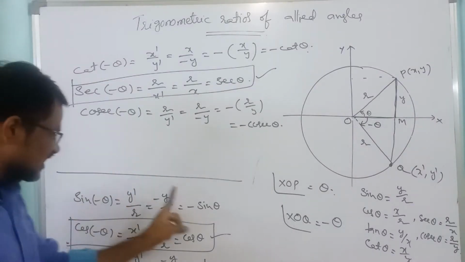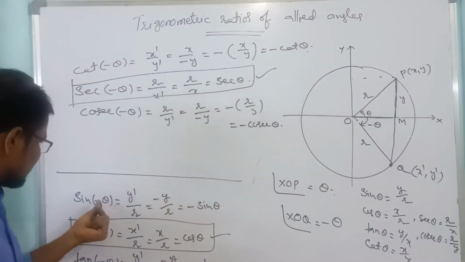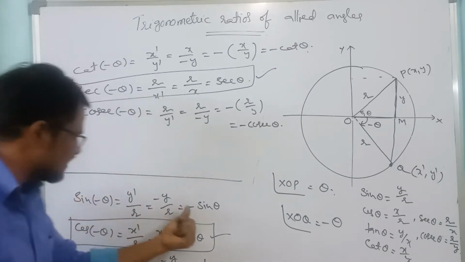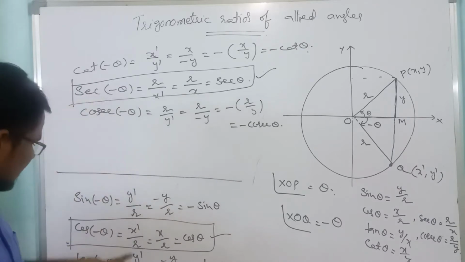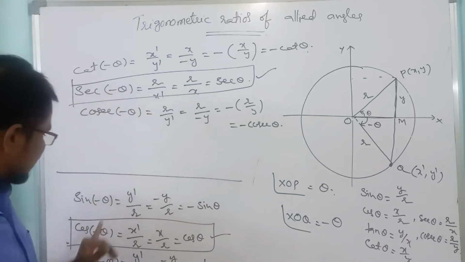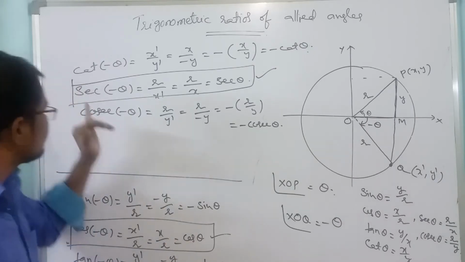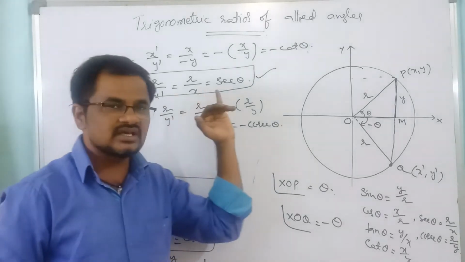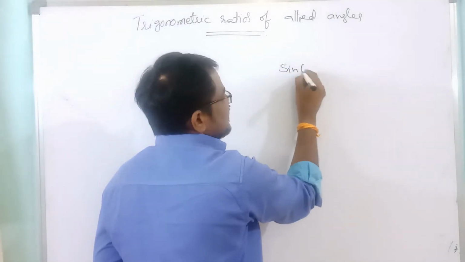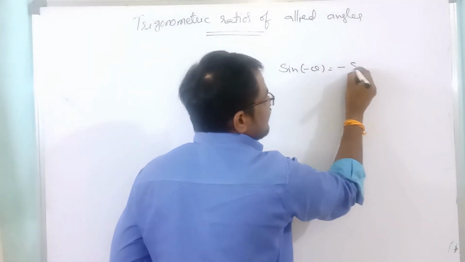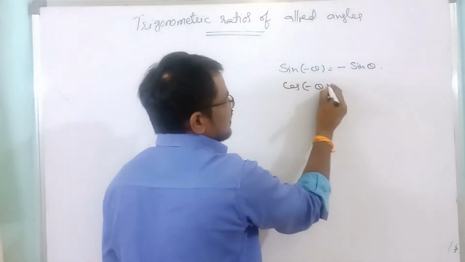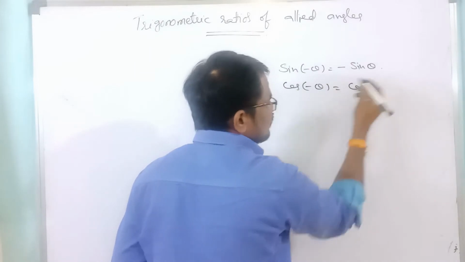Sine of minus theta means we get minus sine theta, means this minus comes outside of that sine function. But for the cos and the secant, we can eliminate this minus, means cos of minus theta is cos theta only, secant of minus theta is equal to what? Plus secant theta only. Okay? Sine of minus theta equal to minus sine theta. Cos of minus theta equal to plus cos theta only.